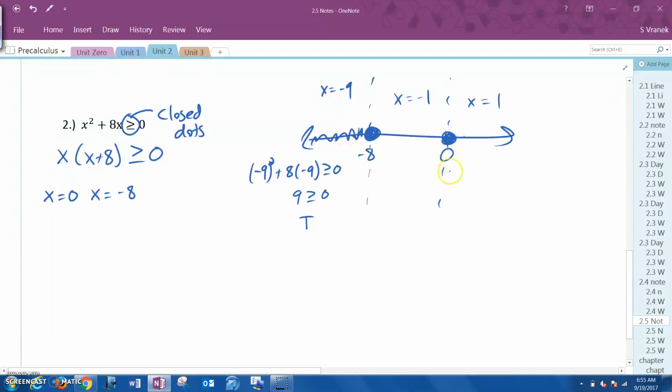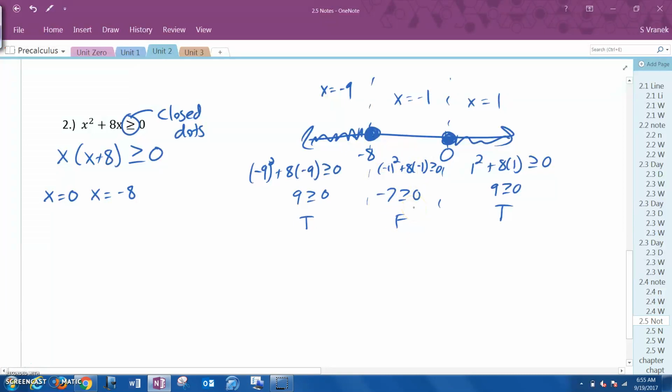So if you check the outside piece over here, 1 squared plus 8 times 1, greater than or equal to 0, we get 9 is greater than or equal to 0, which again is true. If we check negative 1, you get negative 1 squared plus 8 times negative 1, greater than or equal to 0. Well, this becomes negative 8, so we get negative 7 is greater than or equal to 0, which is false.